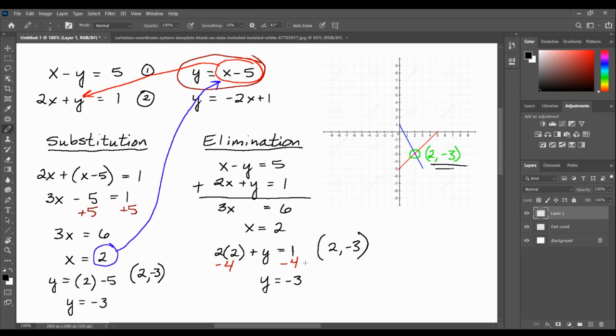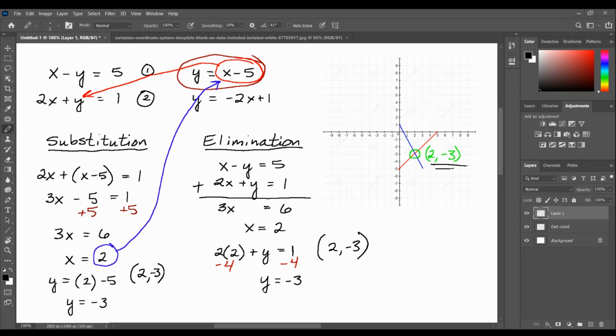That is the gist of section 9.1. We've got two equations. We need to solve the system, meaning we need to find where those two lines intersect, and we can use either substitution or elimination to make it happen. Now, we will have some more complex problems, so just know that.